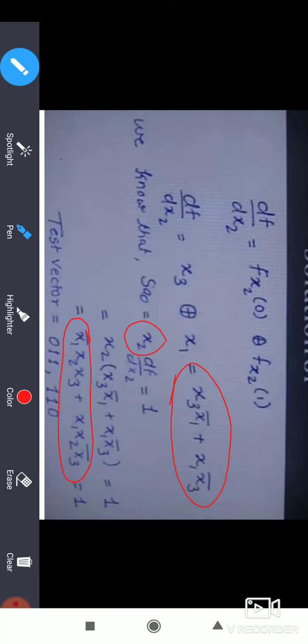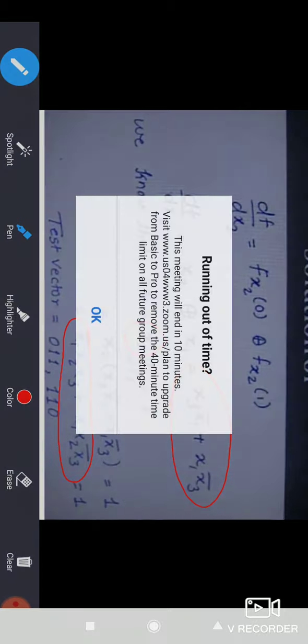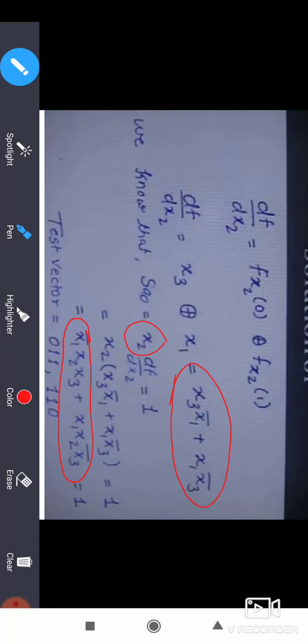Here we apply x1 bar, so 0, x2 1, x3 1. Next, in the second term, x1, x2 1 1, x3 bar, so 0. These are the test vectors to detect a fault stuck at 0 in the line x2.